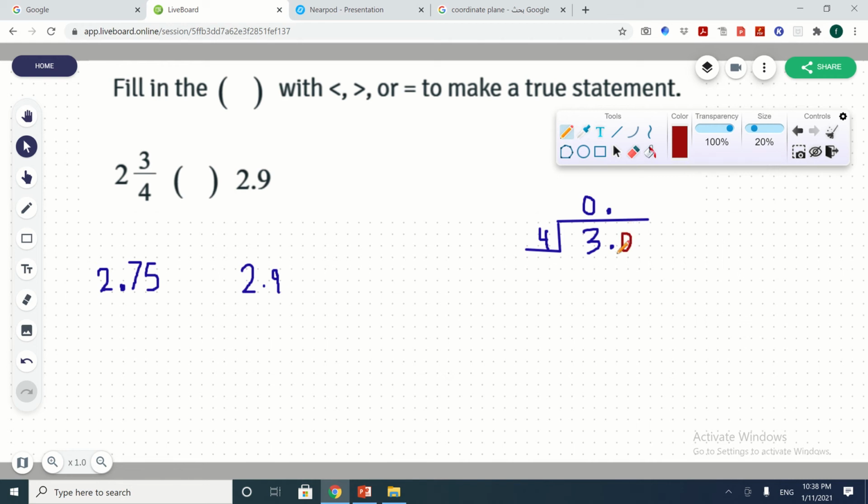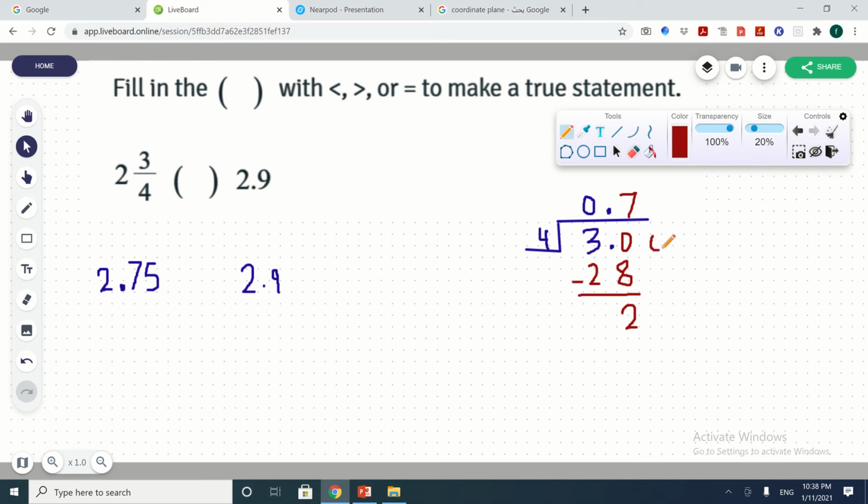Okay. 30 divided by 4 equals 7. 7 multiplied by 4، يعني 28. How many 4s in 30? It is 7. Subtract، يعطينا 2.